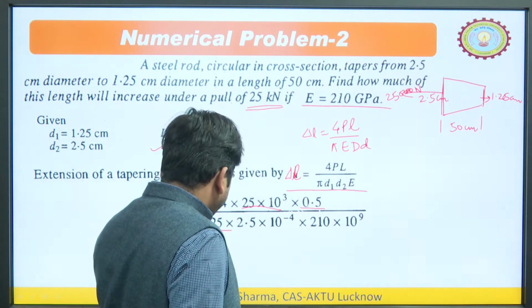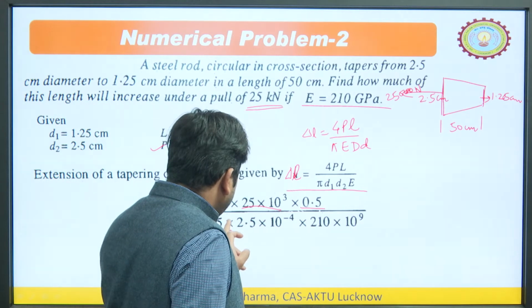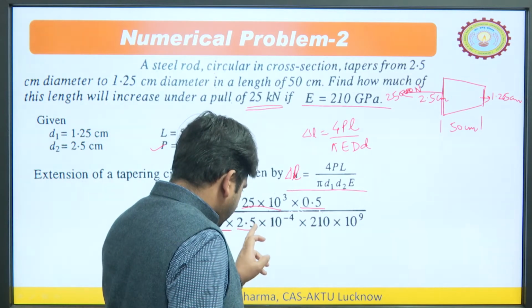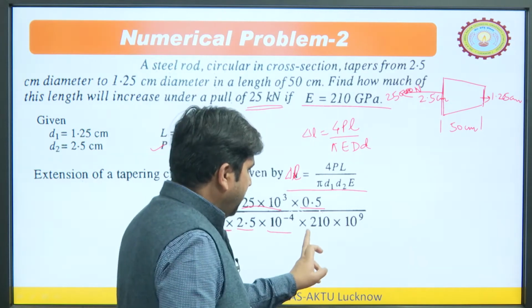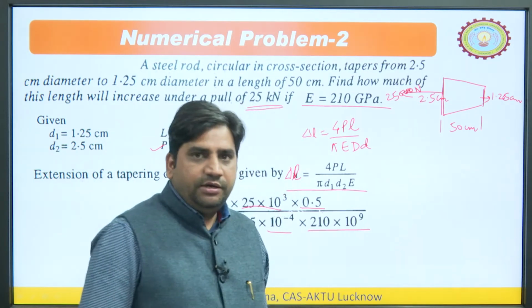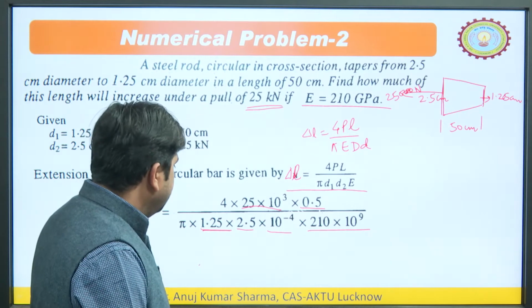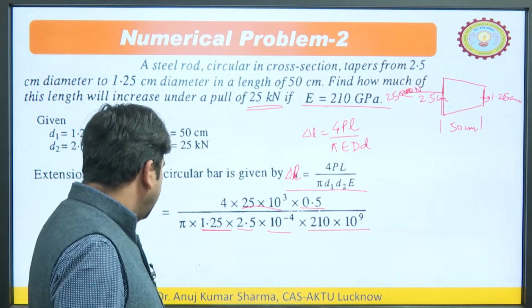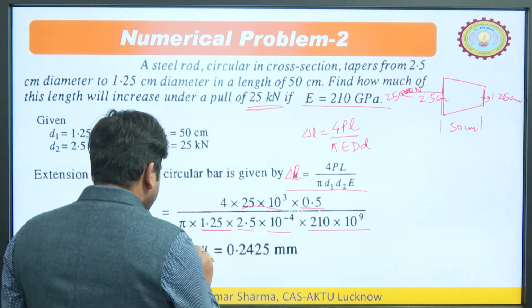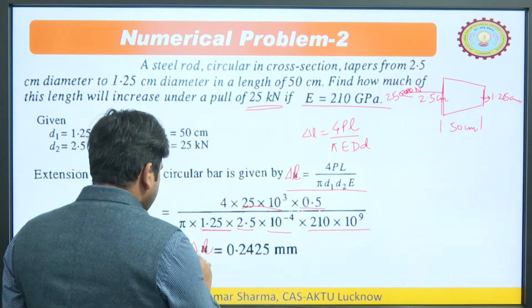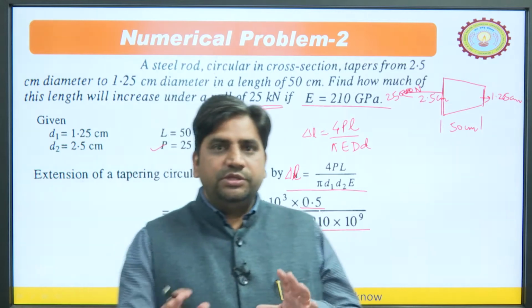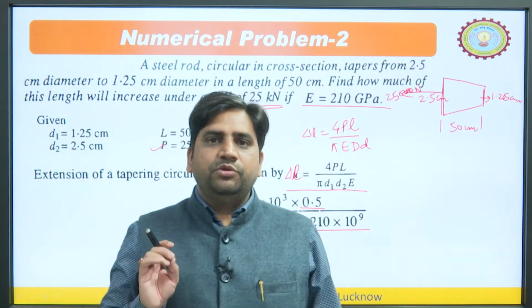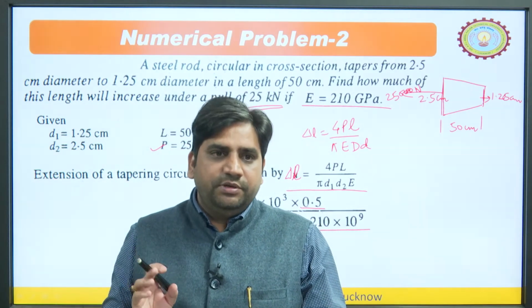So, this is 1.25 into 10 raised to the power minus 2, 2.5 into 10 raised to the power minus 2, that has come to 10 raised to the power minus 4, and this is E, 210 into 10 raised to the power 9. So, you can easily solve this and you can get the simple solution. So, delta L is equal to 0.2425 mm.